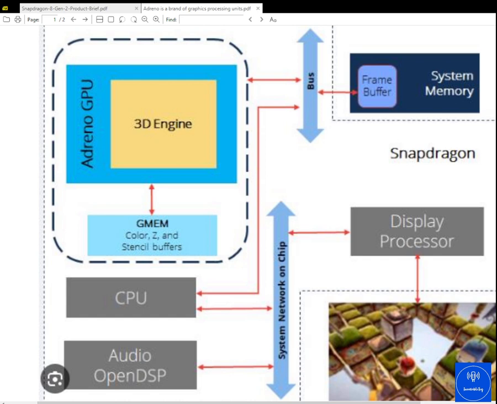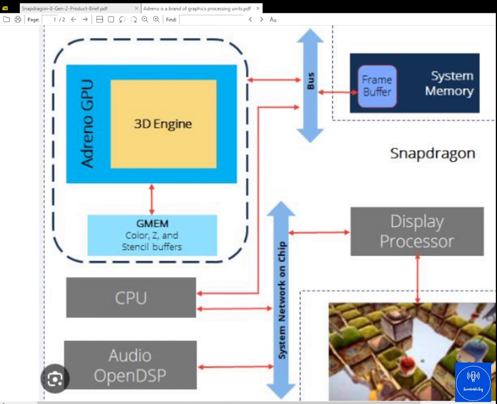After the reception of the commands and the guidance have been provided, the second step is what we call vertex processing. The GPU processes the vertex data provided by the CPU. The vertex data define the geometry and attributes of objects in a 3D scene.